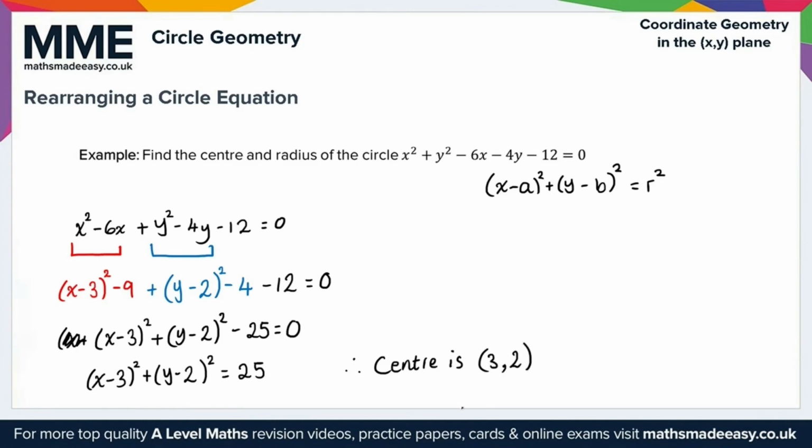So that's my centre there, and the radius is simply given by taking the square root of r squared. So in that case, it's going to be the square root of 25, giving us 5 there. Okay, so therefore, that's our centre and radius for this given equation of x squared plus y squared minus 6x minus 4y minus 12 equals 0.